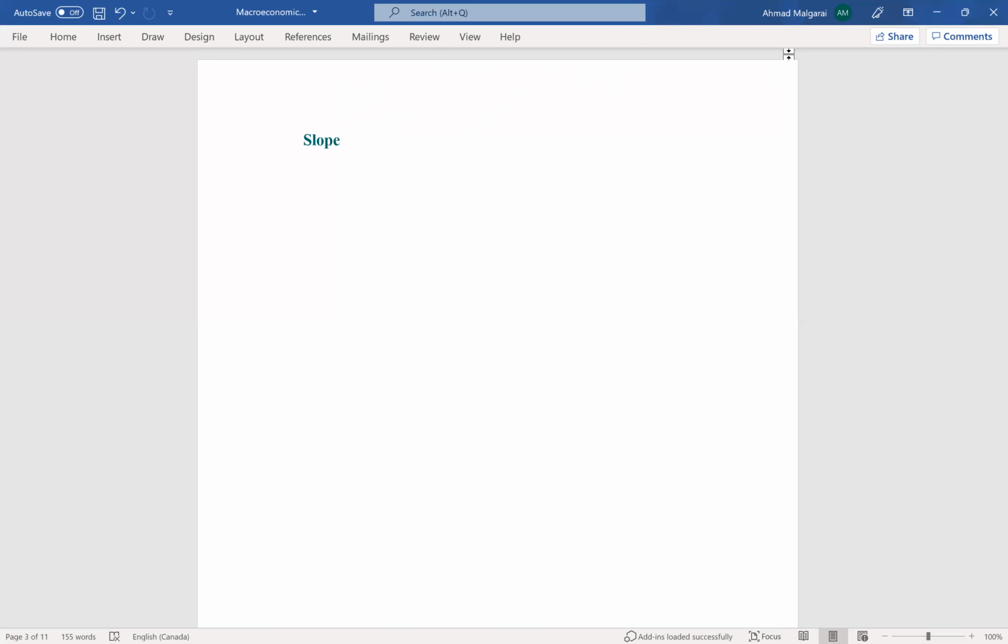Let's use an example. We have a linear function, y is equal to a plus b times x. b is the slope of the line. Slope means that a unit change in x, the independent variable, will result in a change in y by the amount of b.